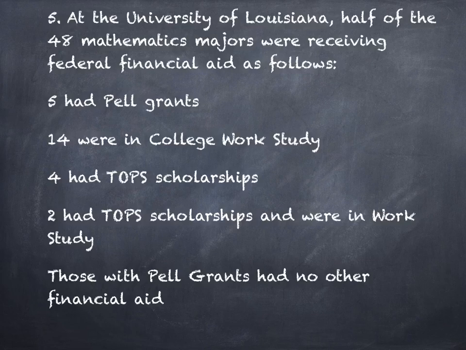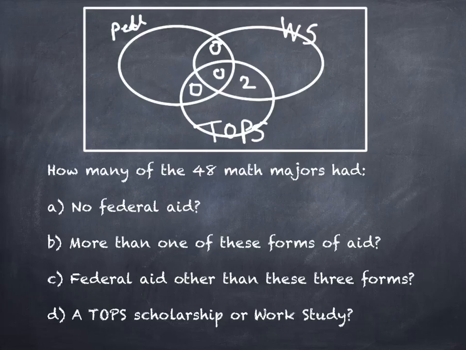All right, so I can subtract 2 from the work study and then subtract 2 from the TOPS, right? So how many were having the work study? 14, and I've already taken care of 2 of them, so that'll be 12 on the top, exactly. And how many had TOPS total? Well, 4 had it total, right? And I already took care of 2, so there's 2 more down here in this bottom part with TOPS.